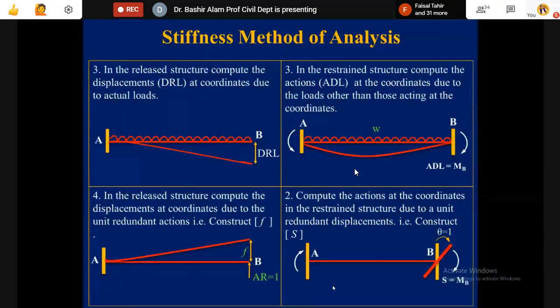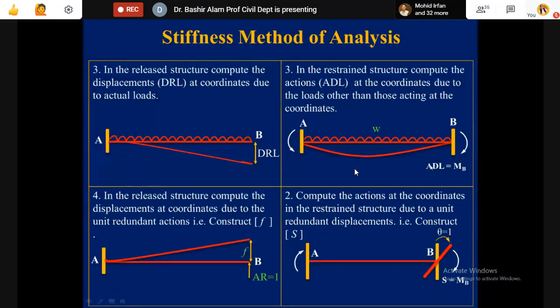Next step, we put them under the load. In the flexibility method, step 3 we are discussing, the released structure is placed under the actual load, and corresponding to the AR, this displacement was calculated and given the name DRL. Similarly, the restrained structure is placed under the actual loads, and corresponding to the unknown joint displacement, the action is calculated, and that is known as ADL.